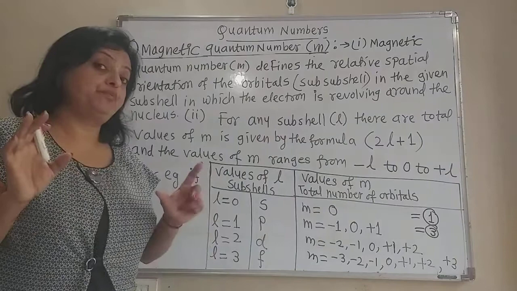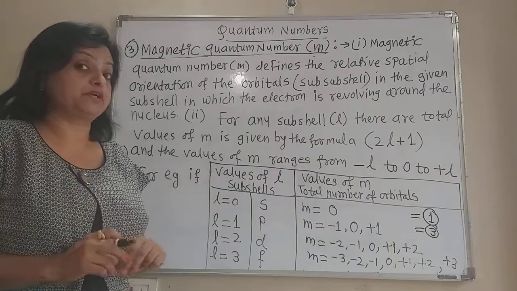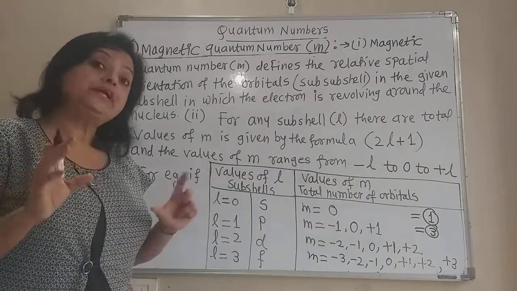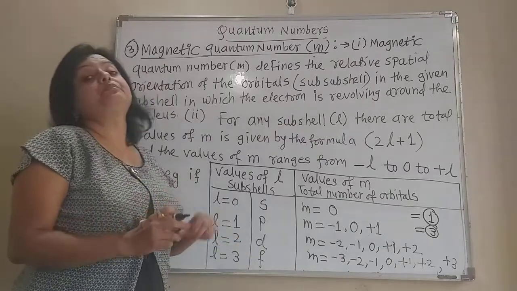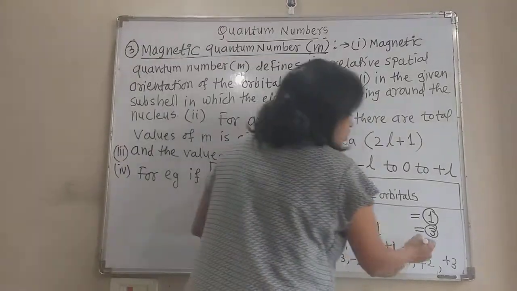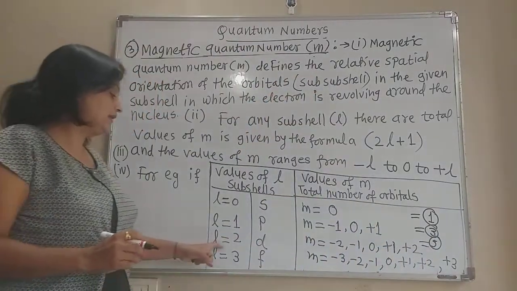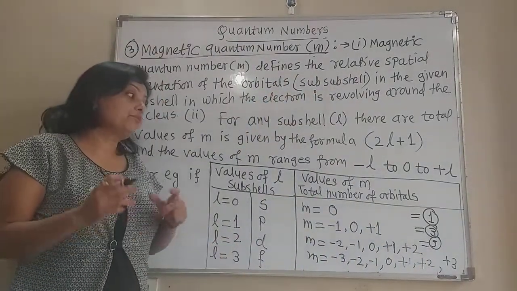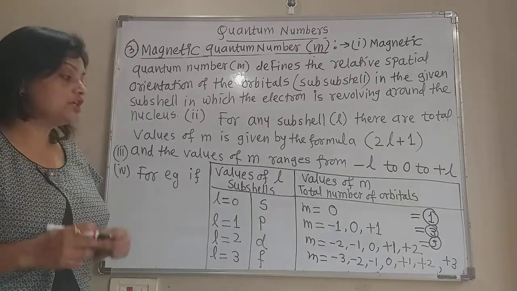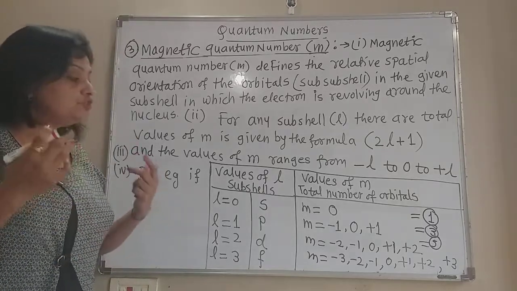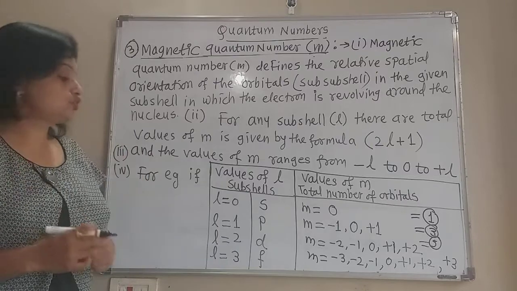These 5 different values of the magnetic quantum number mean there are 5 orbitals in the d subshell. So the total number of orbitals of the d subshell is 5, and their magnetic values are minus 2, minus 1, 0, plus 1 and plus 2.